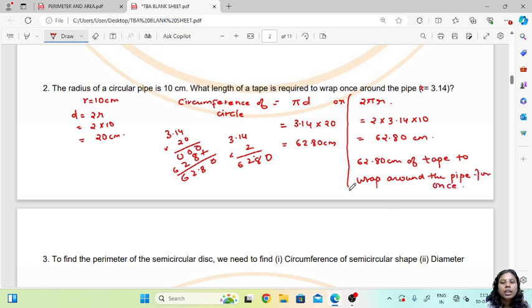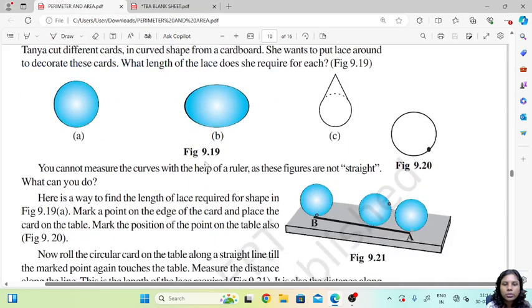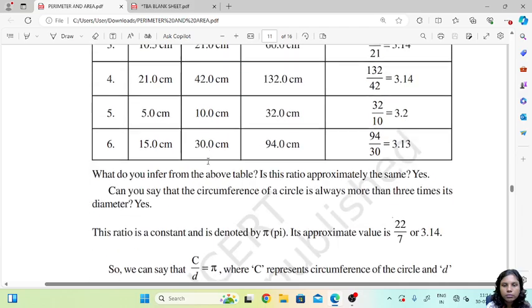Okay, now let's go down. To find the perimeter of a semicircular disc, we need to find the circumference of a semicircular shape and the diameter. So let's look at this question here.